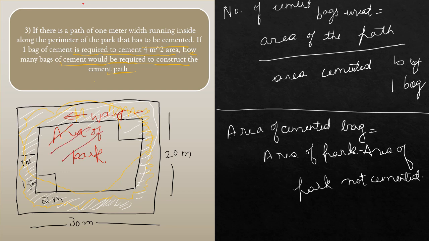Area of the path is equal to area of park minus area of park not cemented. Let's continue in the next slide.